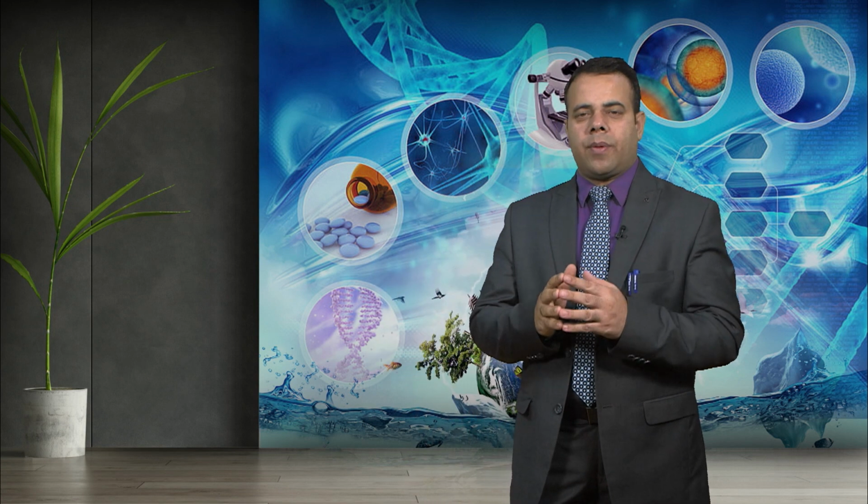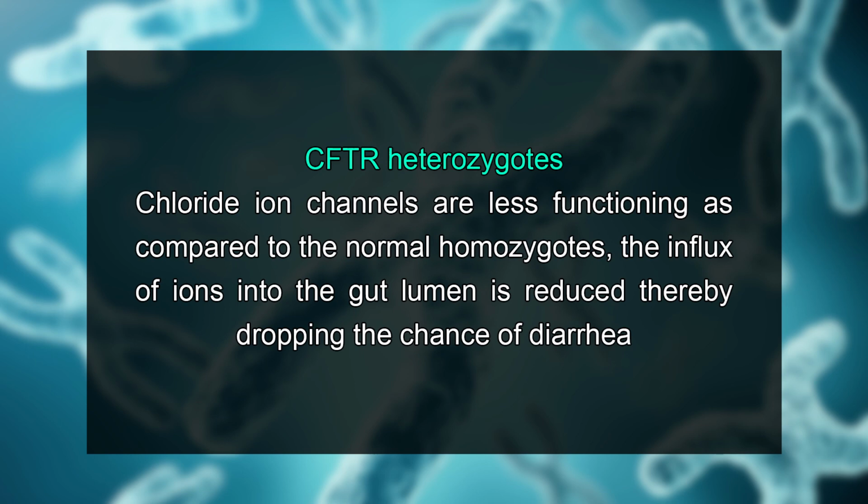This process causes an osmotic loss of sodium ions and water into the lumen, resulting in watery diarrhea. In the case of CFTR heterozygotes, where chloride ion channels are less functional as compared to normal homozygotes, the influx of ions into the gut lumen is reduced, thereby dropping the chance of diarrhea.